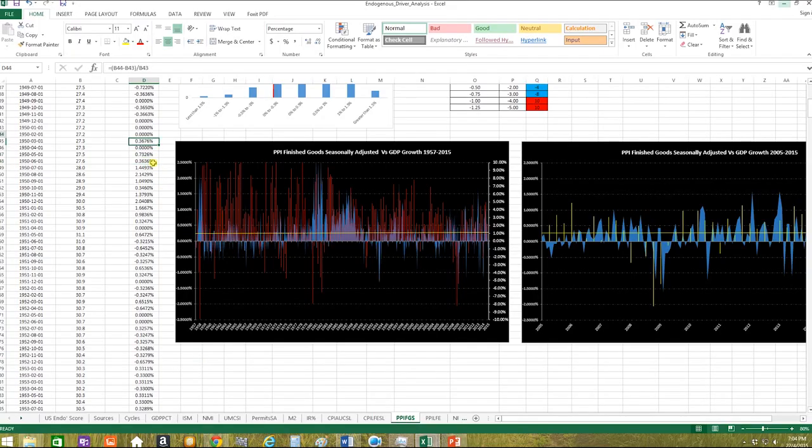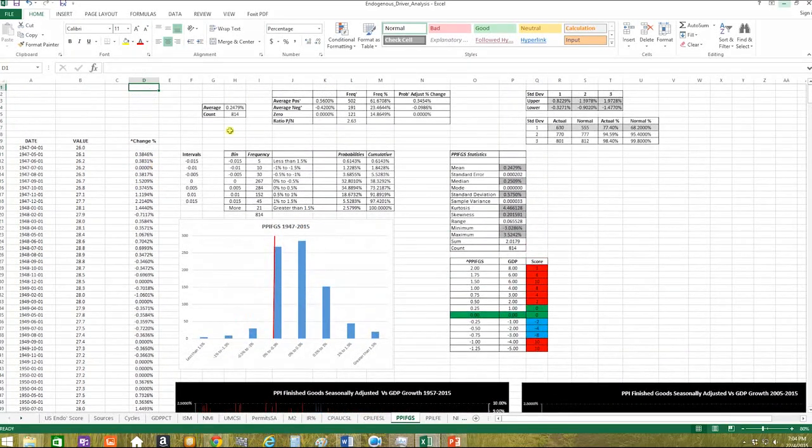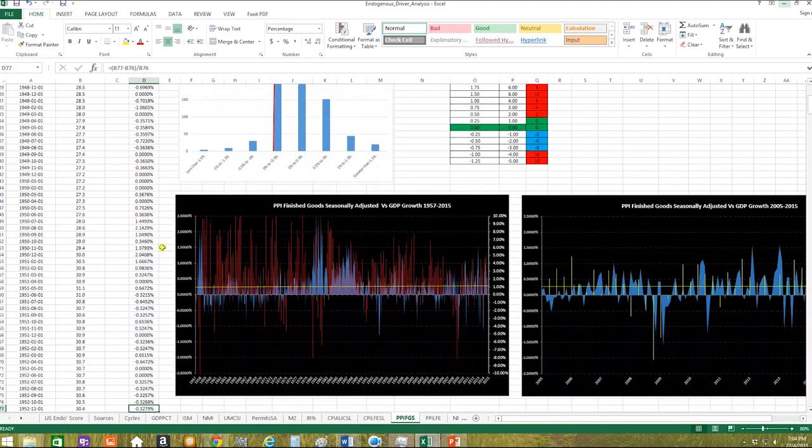And if we scroll up here, we'll see that our average runs at 0.25% here. So that's obviously the same thing, pretty accurate.